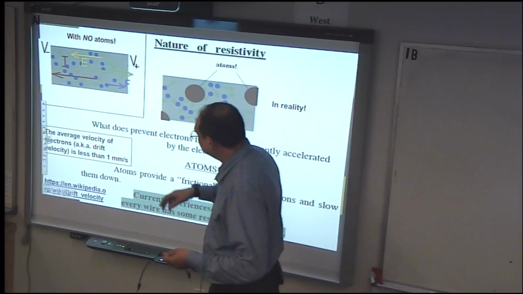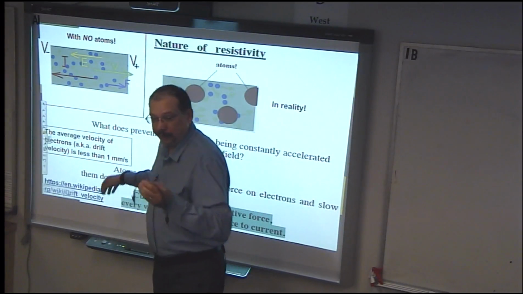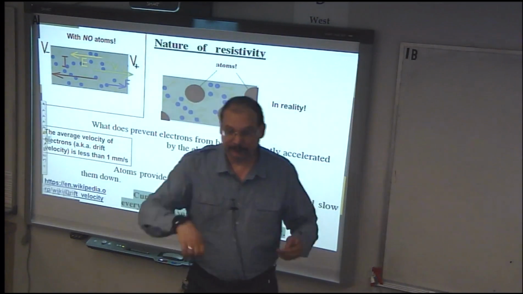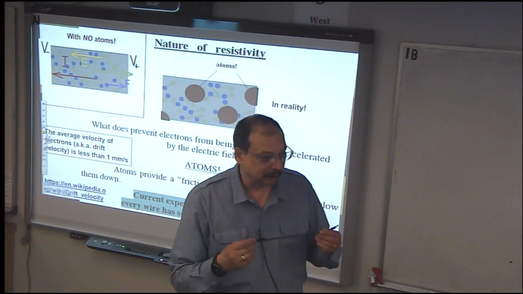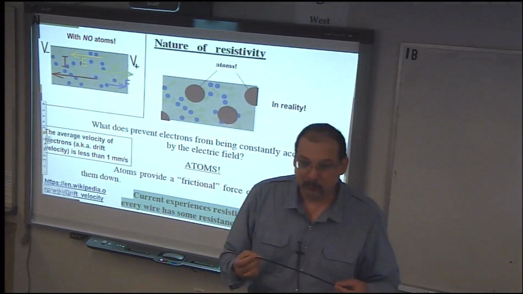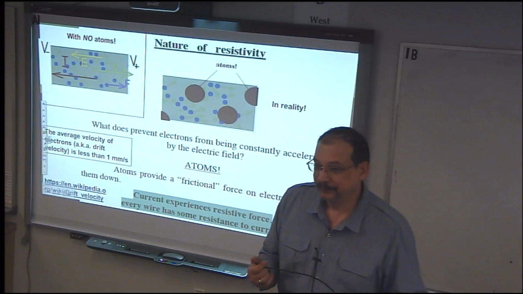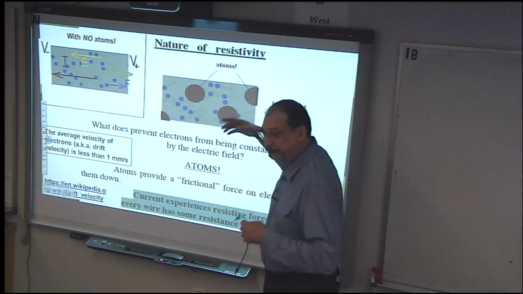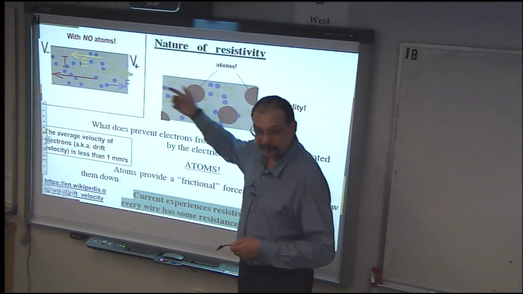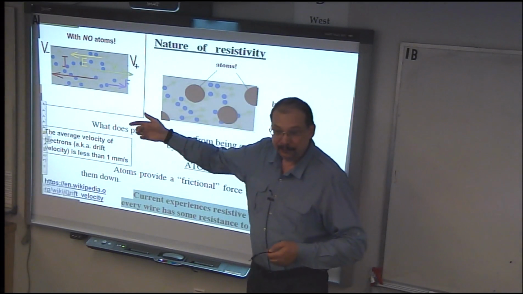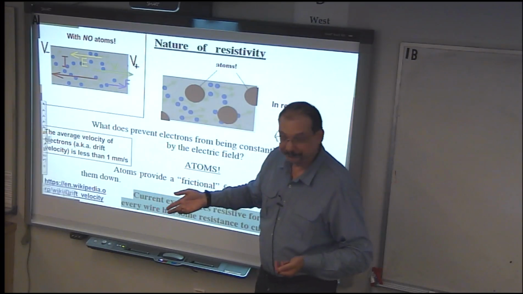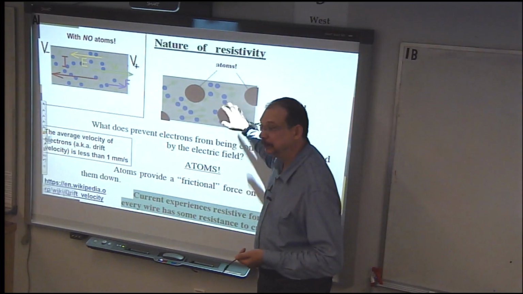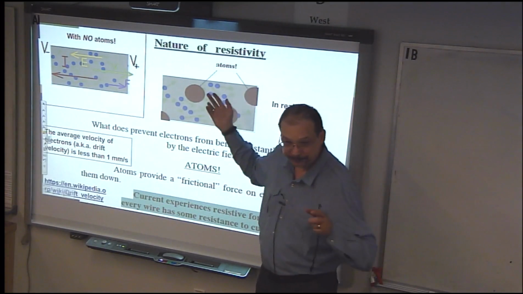Actually, under regular conditions, if we flip on the switch, electrons travel very, very slowly, slower than 1 millimeter per second. Why? Well, because when they collide with very heavy atoms, they bounce back. They lose some energy due to that. Atoms start moving a little bit faster, warming up.